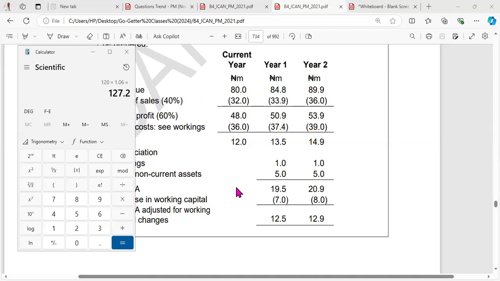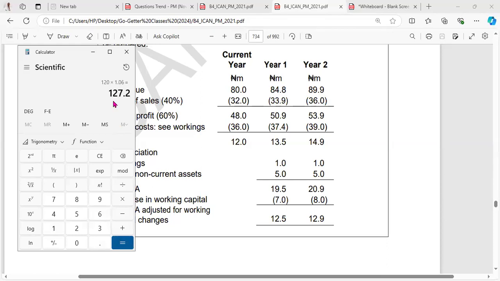So it means that if we have 120, and it is growing at 6%, the next one will be times 1.06.